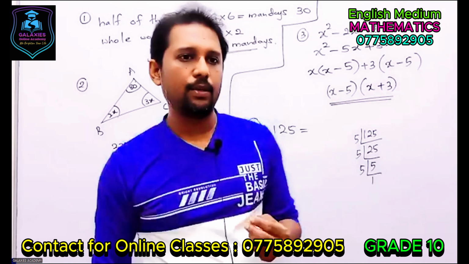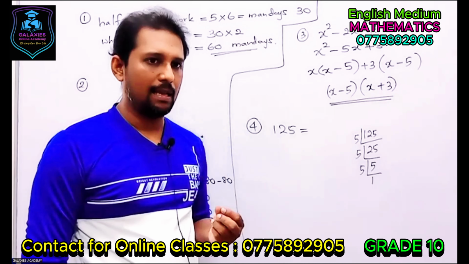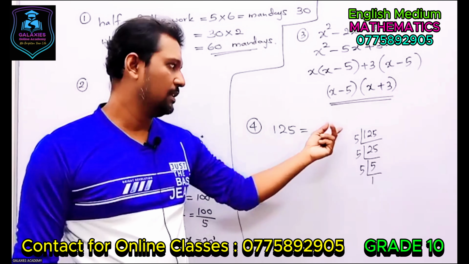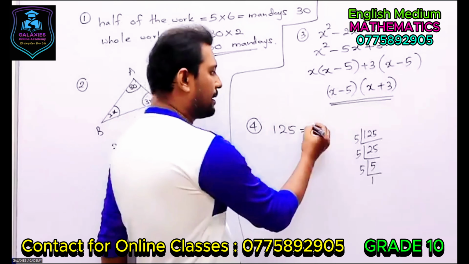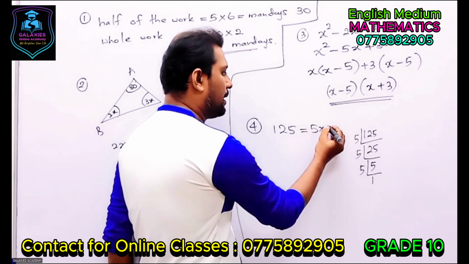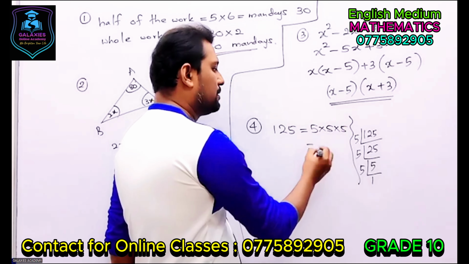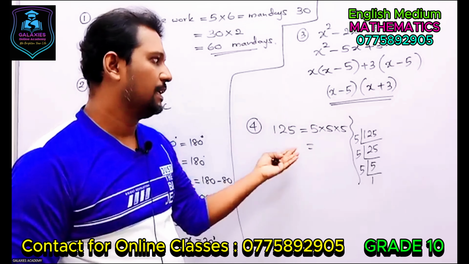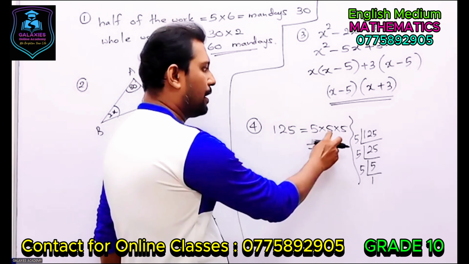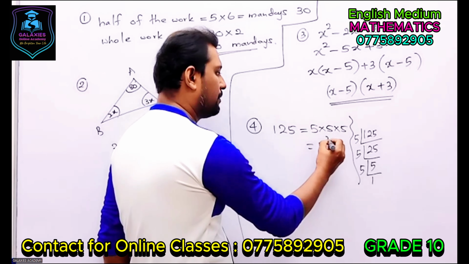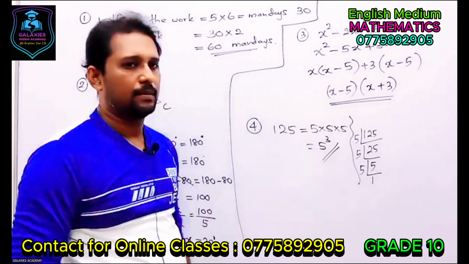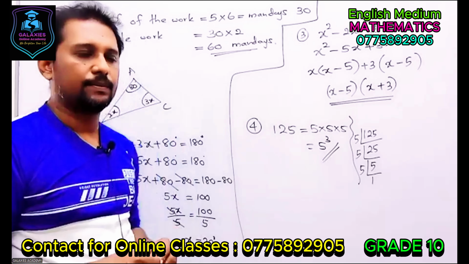So 125 you can write as product of these factors. How we can write? 5 multiply 5 multiply 5. So how you can write a power? Index form you can write 5 to the power, what is the value? 3. 5 to the power 3.